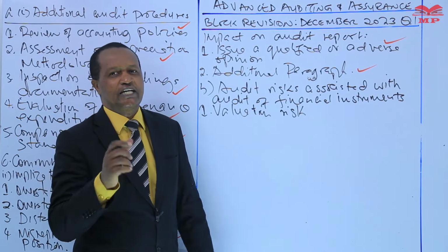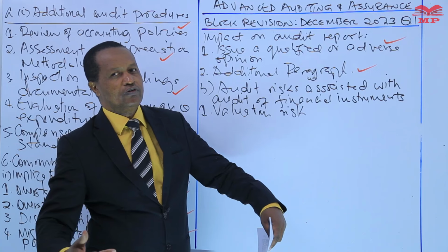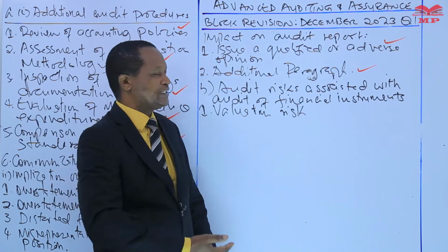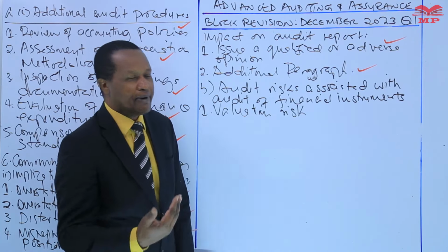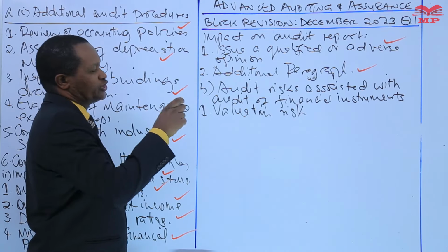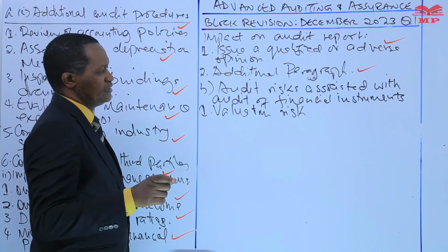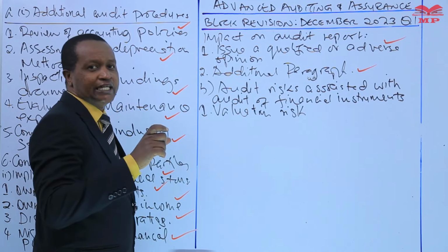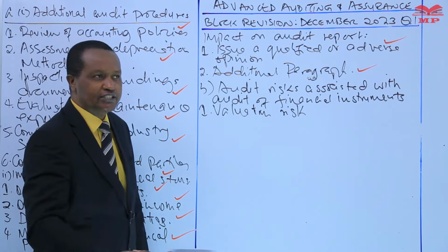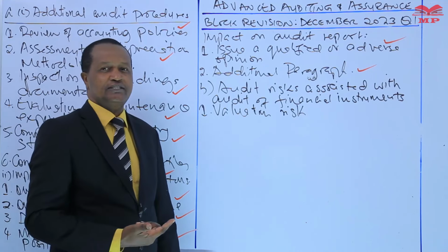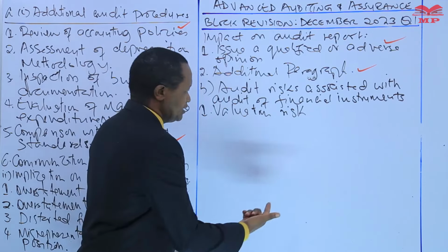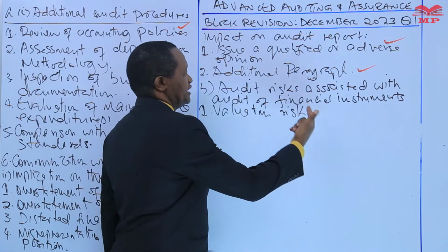So auditors need to assess the appropriateness of valuation techniques, and the auditors also may need to assess the underlying assumptions used by the management to value the financial instruments.